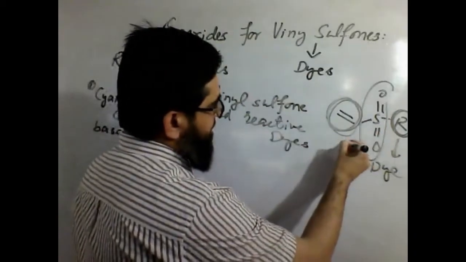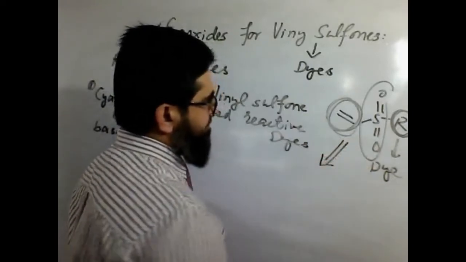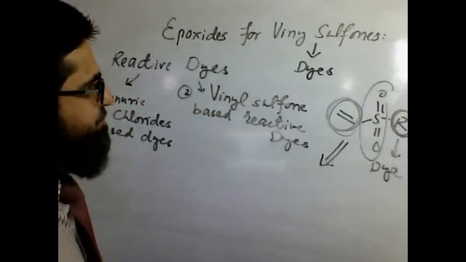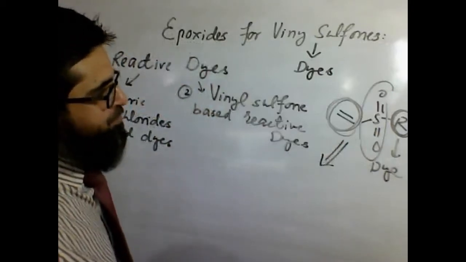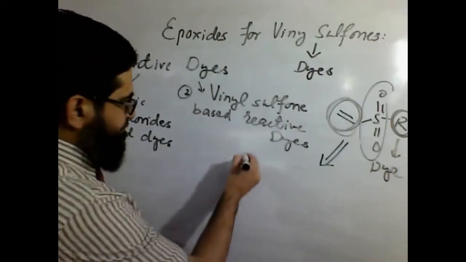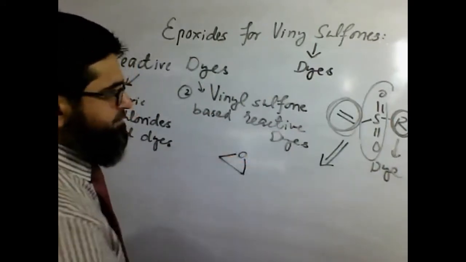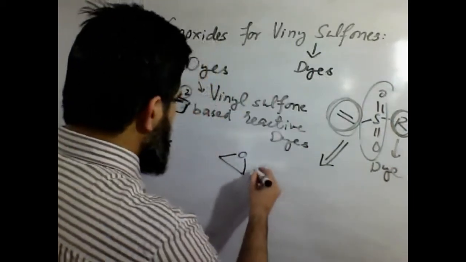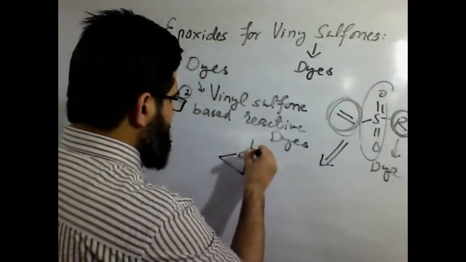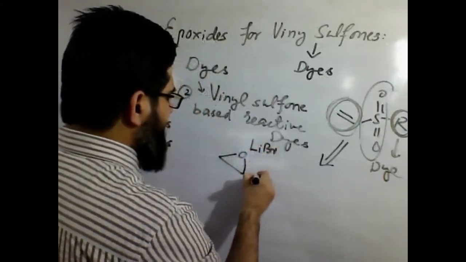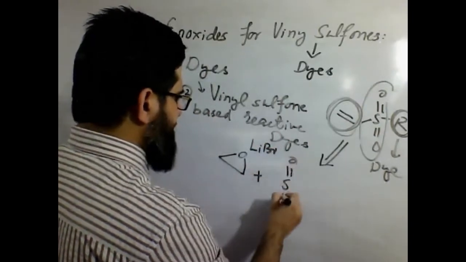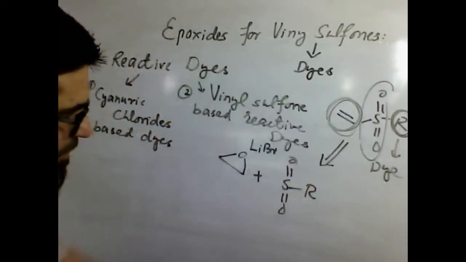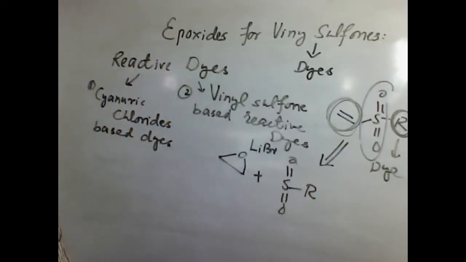Then we discussed the preparation of vinyl sulfone, how it is produced from epoxides. I explained the reaction of epoxides with lithium bromide and the sulfone groups.